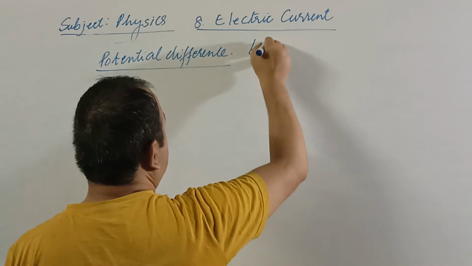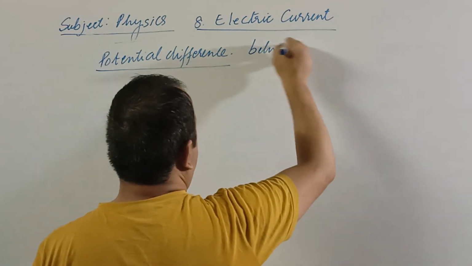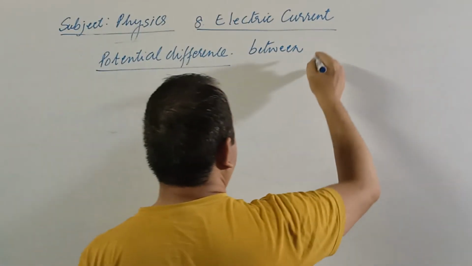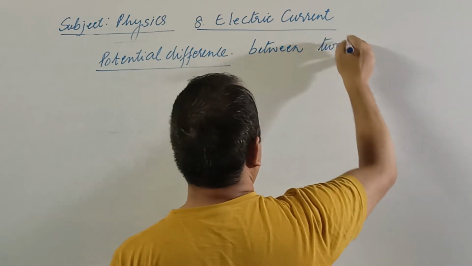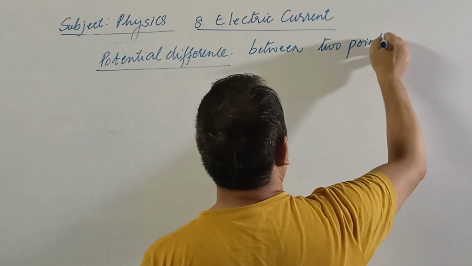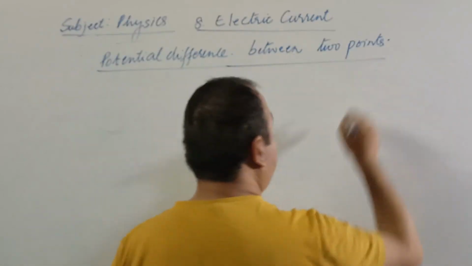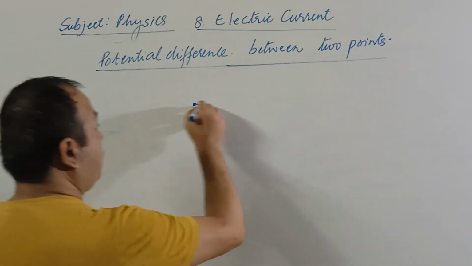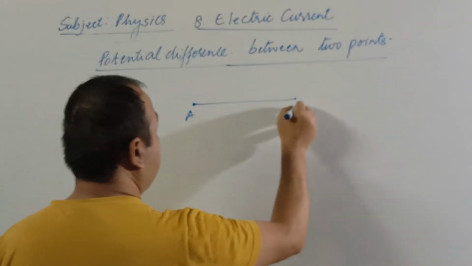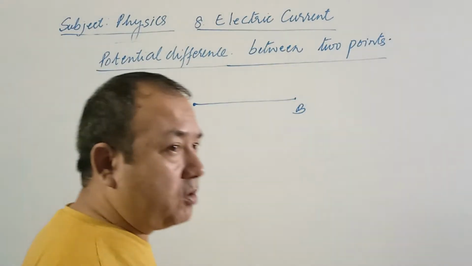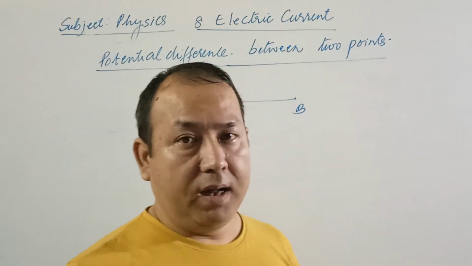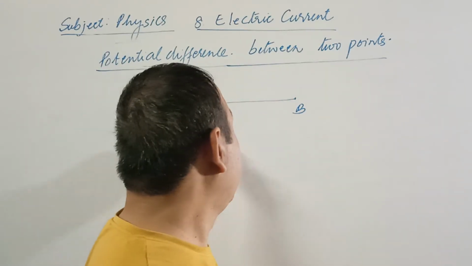Now, potential difference between the 2 points. If you are asked how to define it: suppose this is one point A and this is another point B, two points on the conductor.